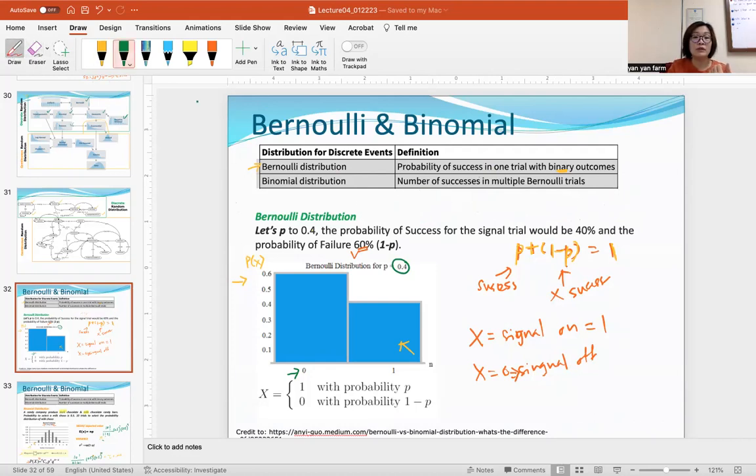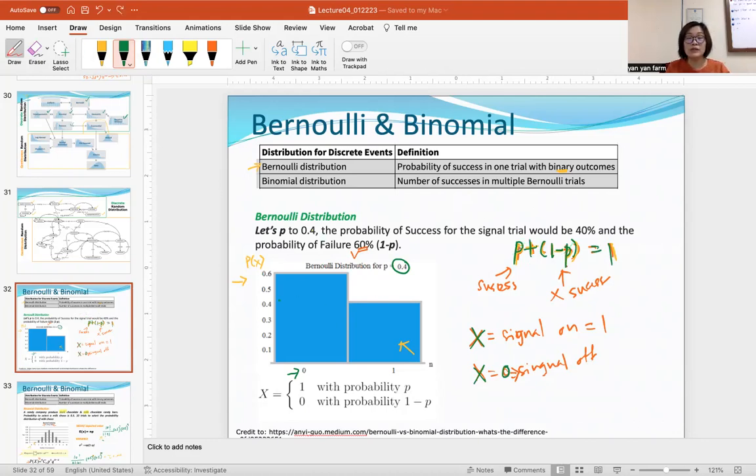Let's have a look at an example of the Bernoulli distribution. Let's say I would like to try my old car signal. I represent x as the signal on equals 1, and when the signal is not able to turn on, it is 0. Remember that the successful rate plus the failure rate always equals 1.